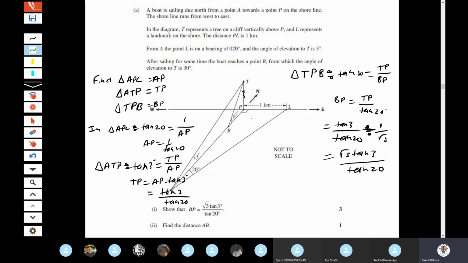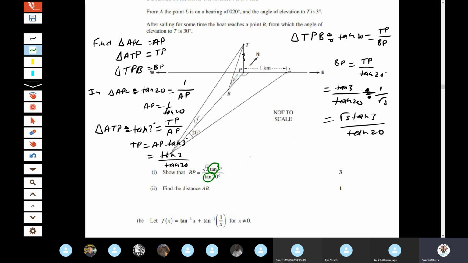I think the hardest thing would be where to start. And the fact that it's got all these right angle triangles, you should have started with SOHCAHTOA. The reason why I used tan is that it tells me to use it. It's something maybe you guys are not used to yet, but I hope you start getting used to the fact that it's telling you something, the answer's in front of you.